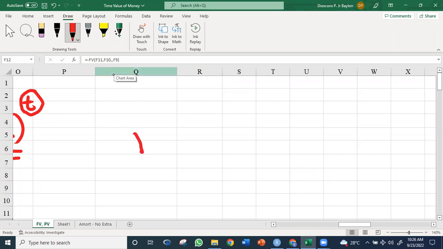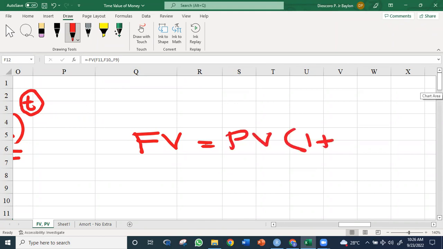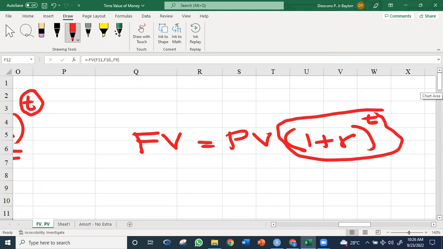Okay, a while ago, the future value is equal to present value times 1 plus R raised to the T, right? Now, we can compute for the present value by transposing this. This, by the way, is called your compound factor.